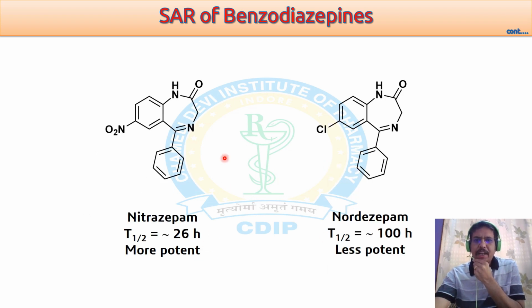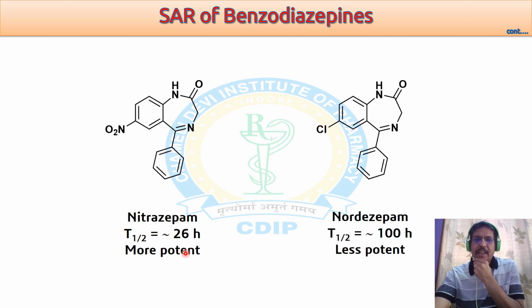Ultimately here are two analogues of benzodiazepines: one is nitrazepam, where the 7 position is replaced by means of a nitro group, while the other is nordazepam, where the 7 position is replaced by means of a chloro group.